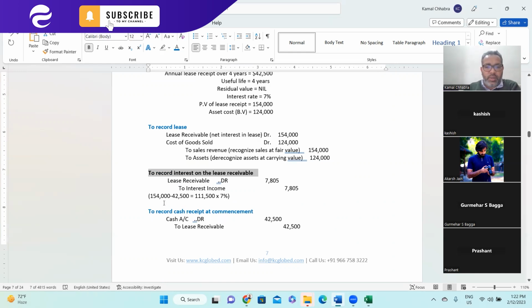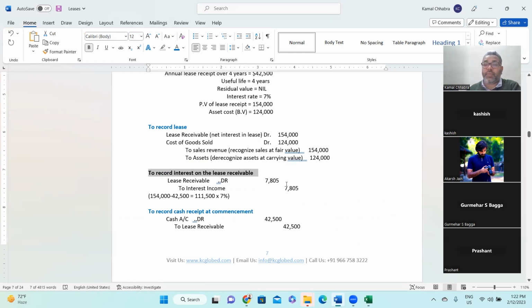How is this calculated? 154,000 minus 42,500 is 111,500, multiplied by 7%. So that 7805 is your interest earned for the current year. So 154,000 plus 7805 minus 42,500 is your remaining lease receivable balance.